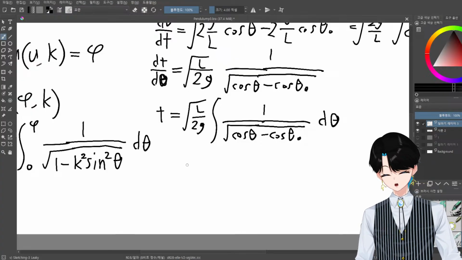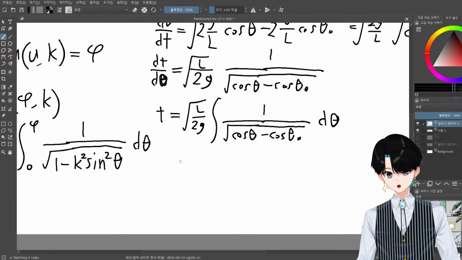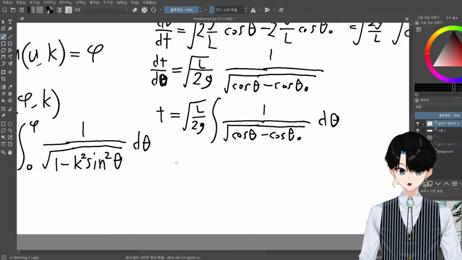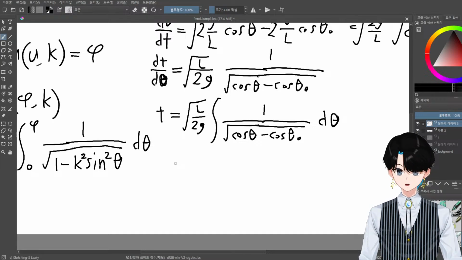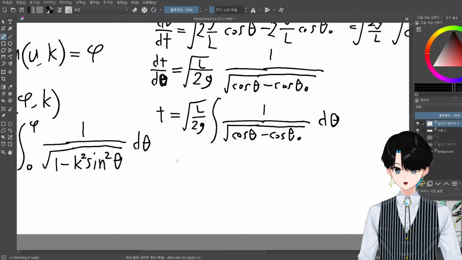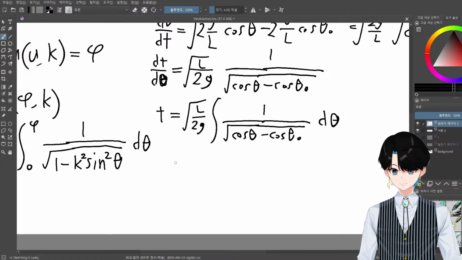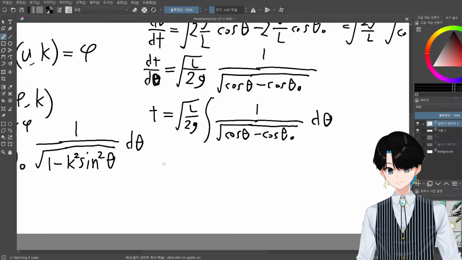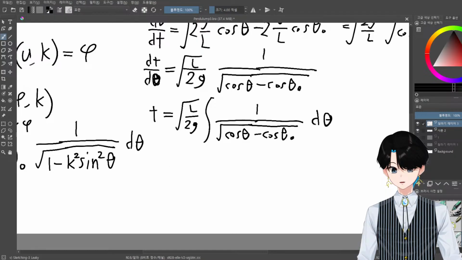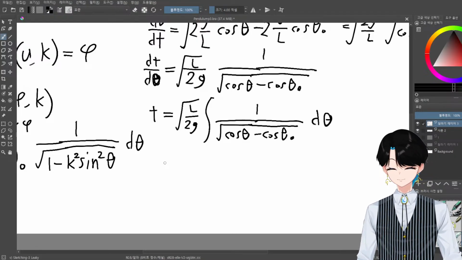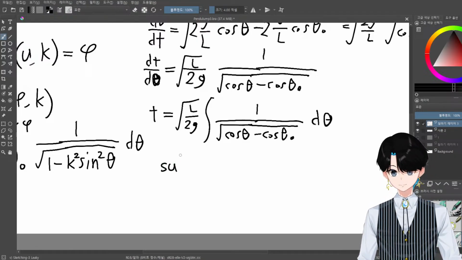So I believe it went something like this. It was the approximation process. We had to go through the approximation process, and it was not the approximation, it was the substitution process.